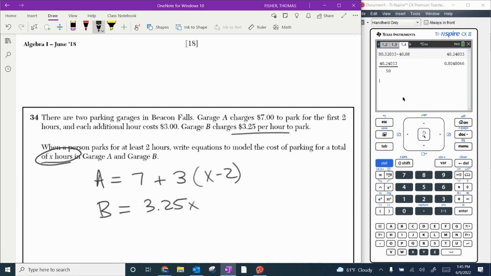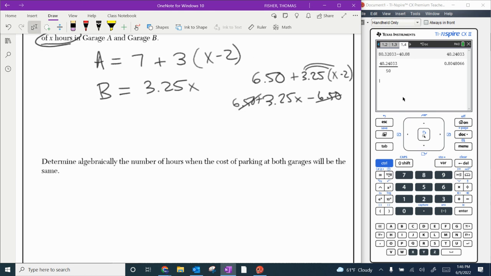So that should be fine. If you wanted to, you could say, well, it's $6.50 because you have to park for at least 2 hours, plus $3.25 for each extra hour after 2 hours. But if you multiply this in, it's equivalent. 3.25x minus 6.50 plus 6.50, those cancel. So I would just call it 3.25x.